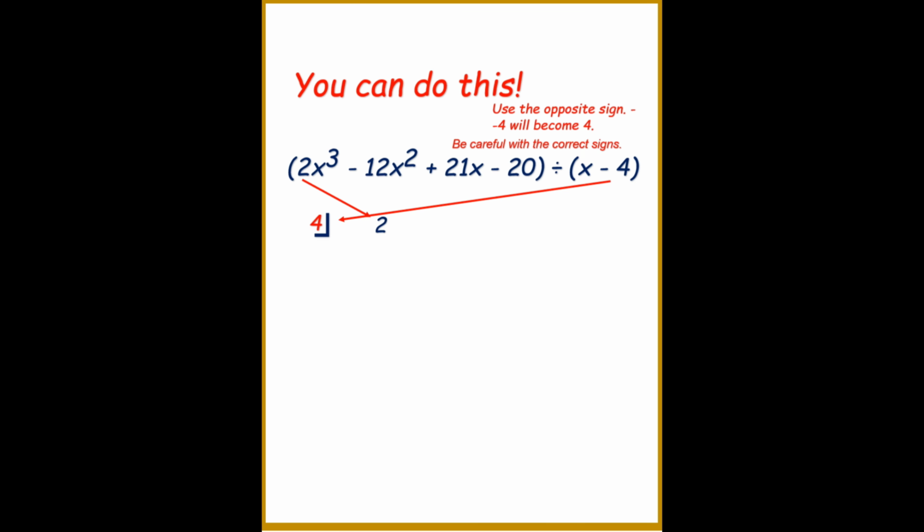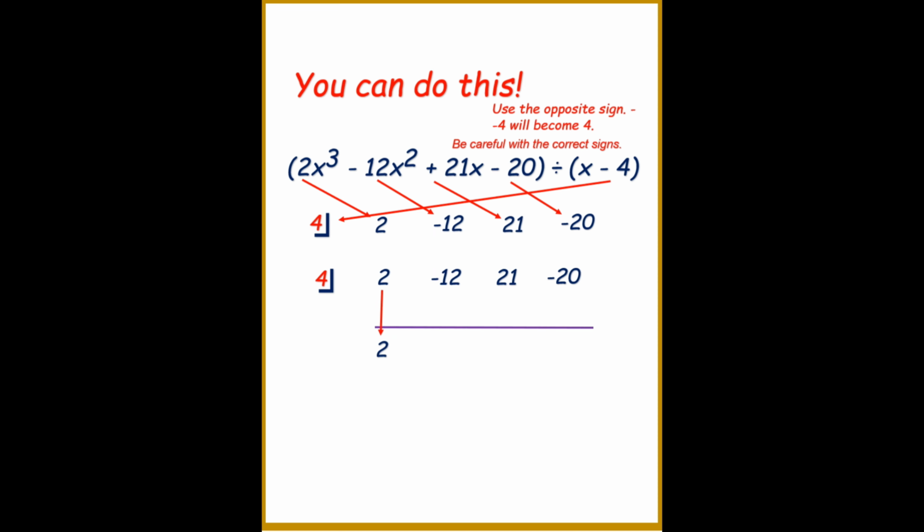We have 2 here, -12, and 21. And last but not the least, -20. And we're just going to copy it: 2, -12, 21, -20. And an important step: draw a line and bring down number 2. And that is the start of computation.